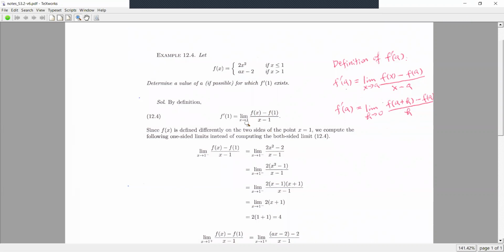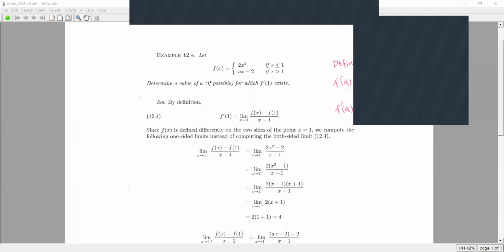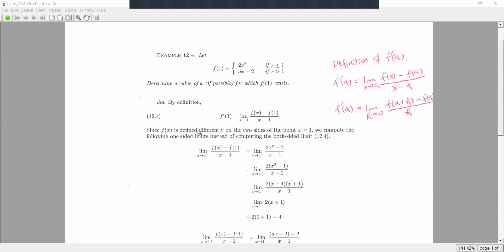This is a both-sided limit. x can approach 1 from the left side, and can approach 1 from the right side. The function f is defined differently on the two sides of the point 1. On the left side of the point 1, the function is 2x squared.